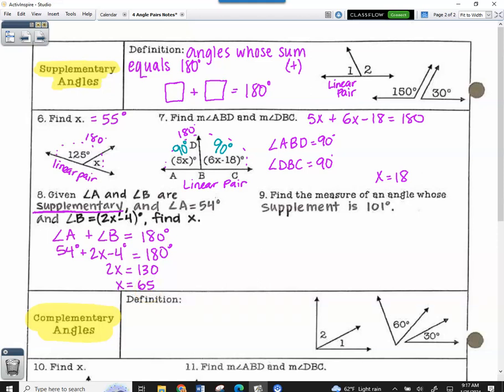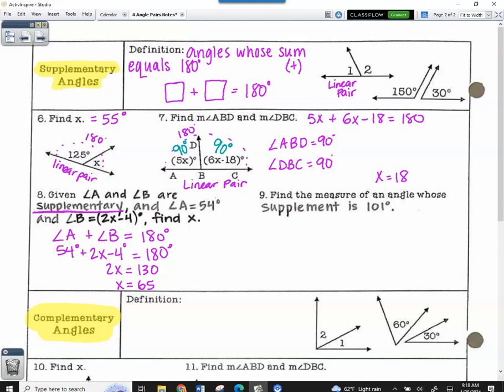Number 9, find the measure of an angle whose supplement is 101. What does supplement mean? Supplementary. We just practiced it. Supplementary means adds to equal 180.